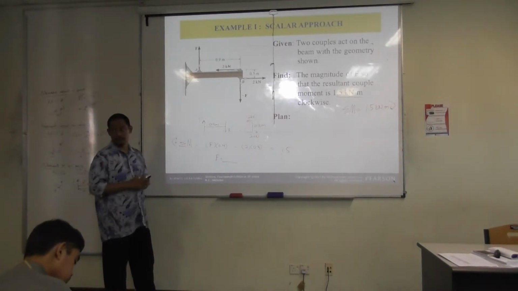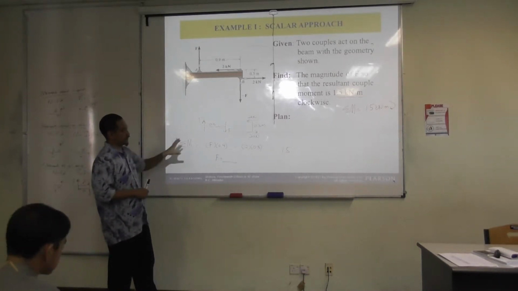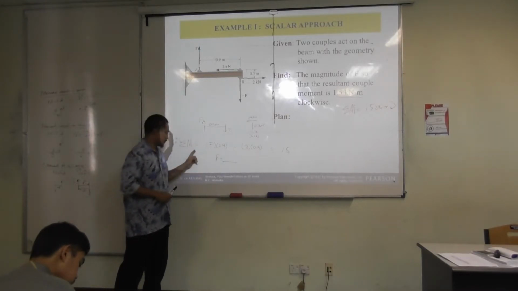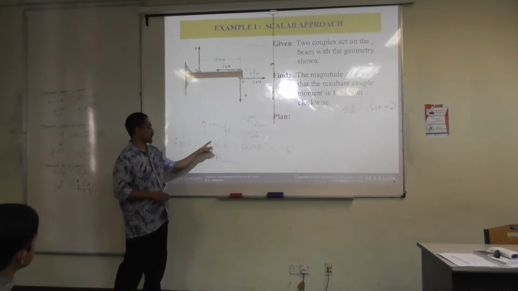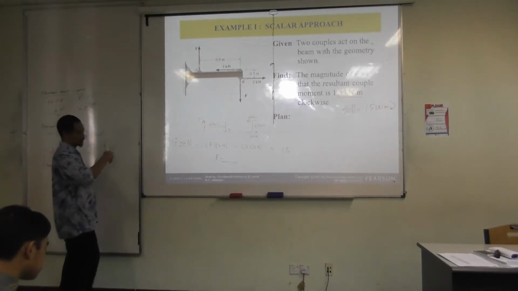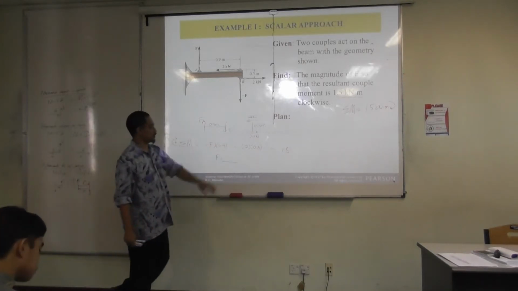Any question? This is one type of question that uses the understanding of summation of moment and couple, but you do not actually calculate the summation of moment, because that's given, right? You calculate the force, and the calculation is reversed in that sense. But as long as you can express that, it's okay.